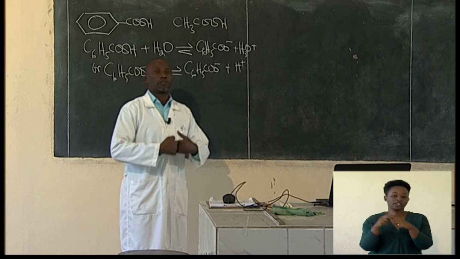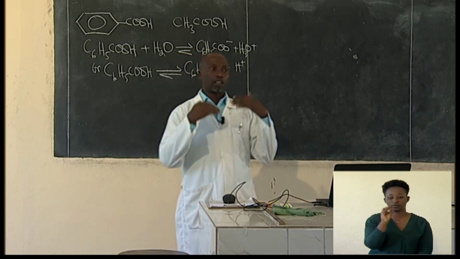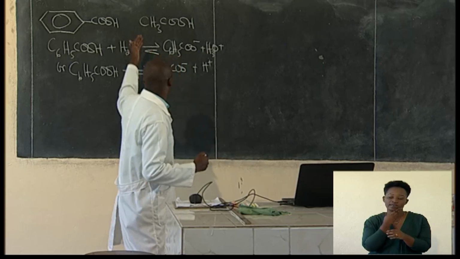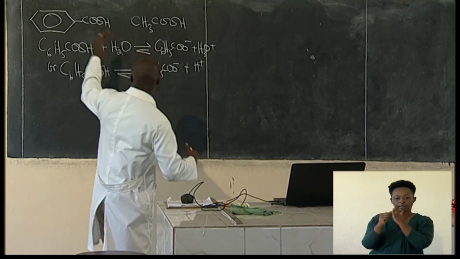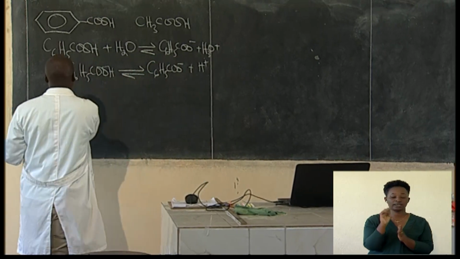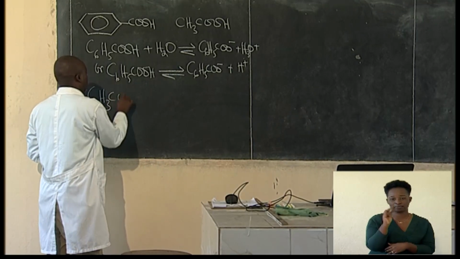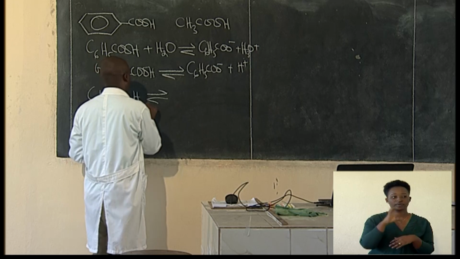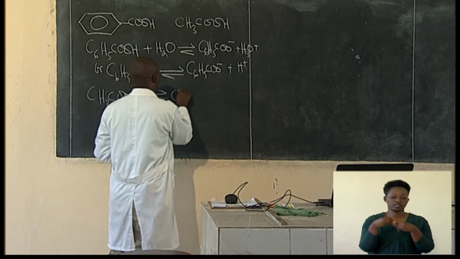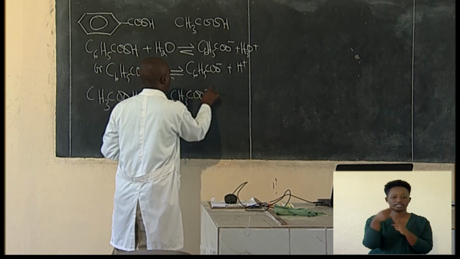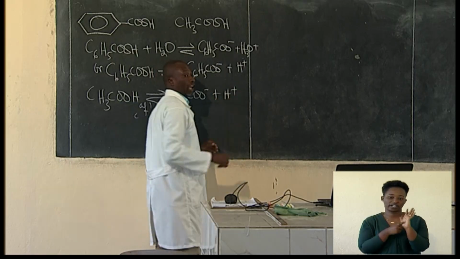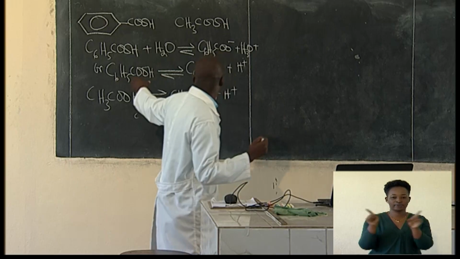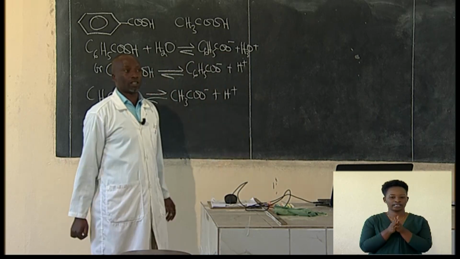The hydrogen ions that are released in water make these compounds acidic. So the ethanoic acid also behaves in that form. CH3COOH, in water, in solution form, will form CH3COO negative plus the hydrogen ion. So it behaves in the same form. The ionization is the same.